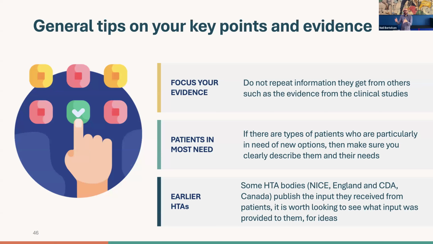You can go to NICE, you can see exactly what the patient group submitted. It's a way of seeing what evidence they used. Is that useful to me? Are there some good arguments in there that I hadn't thought of? It's not about copying. It's just about inspiring each other in terms of what works well.